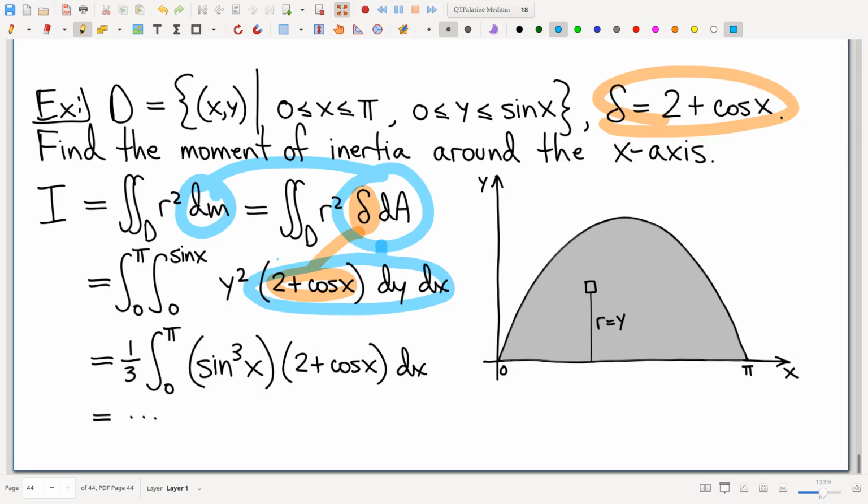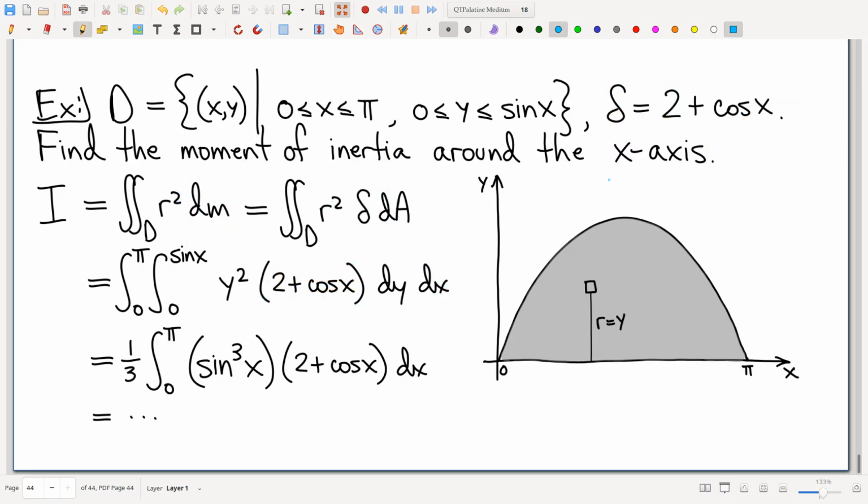Yeah. Just a quick question. Which is the y squared? Oh, yeah, I'm coming to that. But on the dm, is everybody happy on that part? Okay. So where did the y come from? Well, I've got to entertain this question of what is this r, the r from our original formula. Remember, it's different for every example. It's the distance to the axis of rotation. Our axis of rotation is the x-axis.